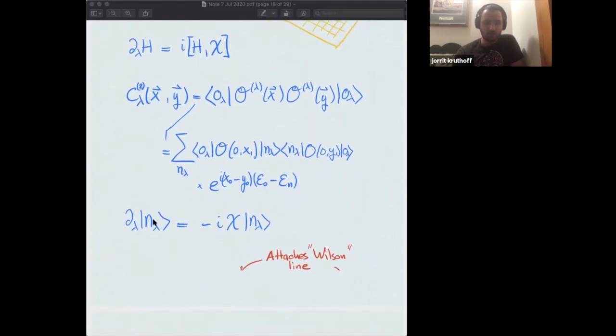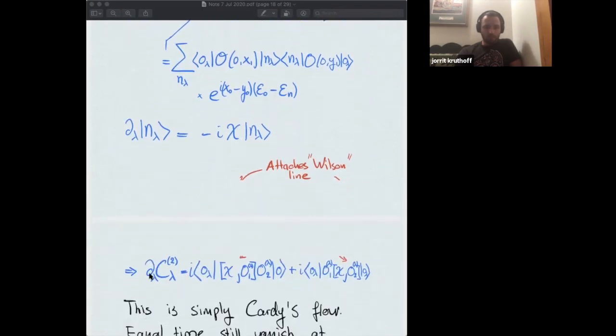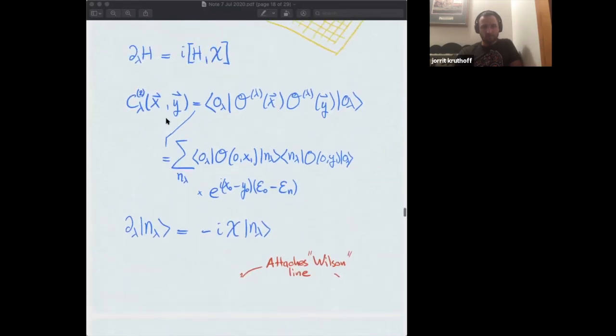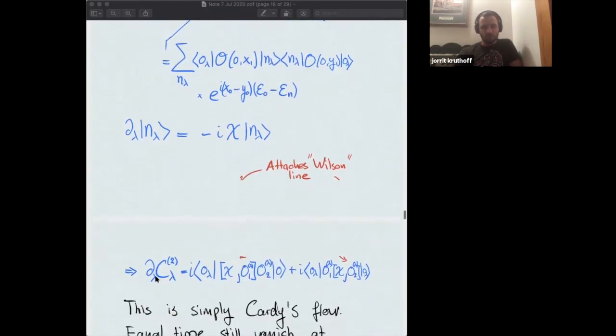Now, the flow of the energy eigenstates simplifies dramatically for this particular case on the plane, and it's just equal to chi, basically. Then you can take a lambda derivative on this side and propagate it through on this side, and you'll see that the flow of the two-point function is given by the sum of two commutators.